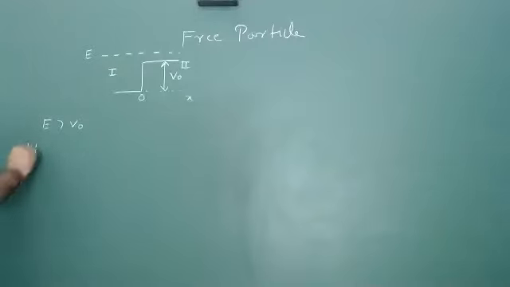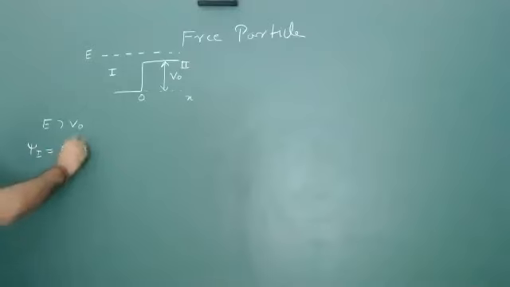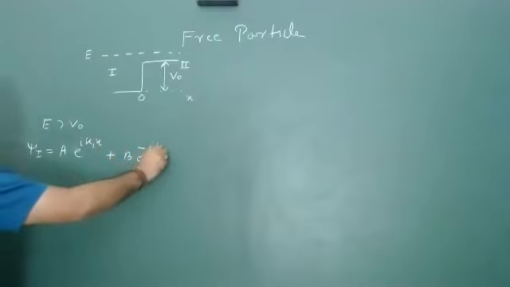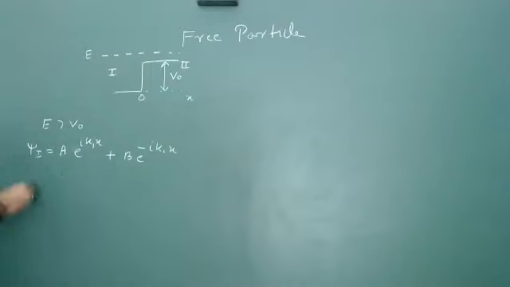For region 1, we got psi 1 equal to A e to the power i k1 x plus B e to the power minus i k1 x. Similarly, psi 2 is equal to C e to the power i k2 x.